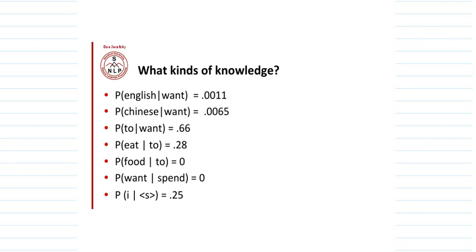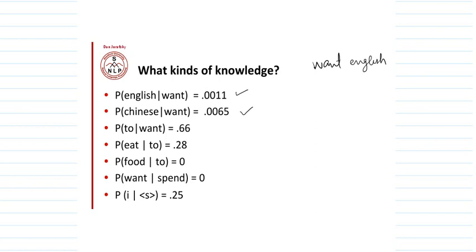We see that want English is a very low probability, want Chinese is somewhat greater than English. Maybe in that corpus the want Chinese pair is more common than want English.